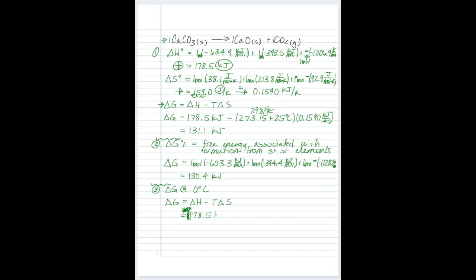178.5 kilojoules minus T. So this time temperature is not 298, it's 273.15 Kelvin, and then times our delta S value here, which is 0.1590 kilojoules per Kelvin. Oops, I almost fell into the trap of not converting my units.